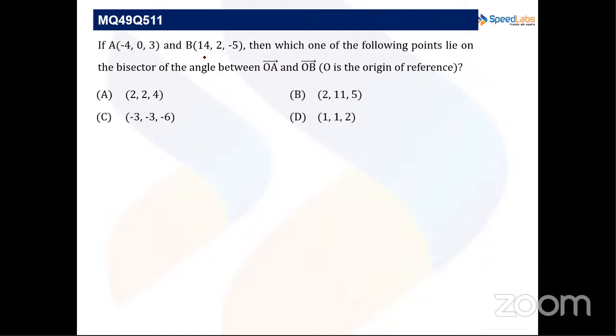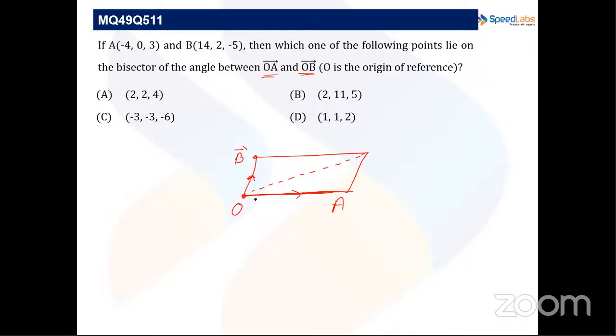We are given the vertices A and B. Which of the following points lie on the bisector of the angle between OA and OB, O being the point of reference? If O is the point of reference, then vector OA and vector OB will represent the two sides of the parallelogram, and this will be the resultant.